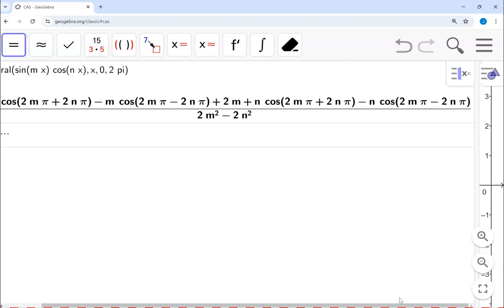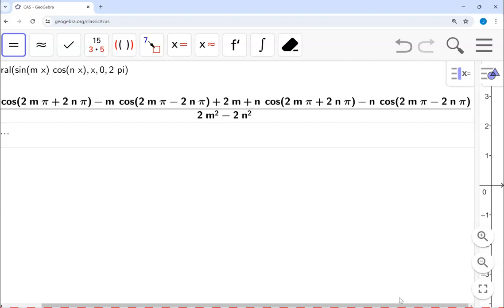Okay. So if you wanted to integrate something that looks like sine mx cosine nx, like we just did, the trick would be to do the subtraction, which of course flips the sign in the middle, add them together to cancel those terms out, and then divide by 2.